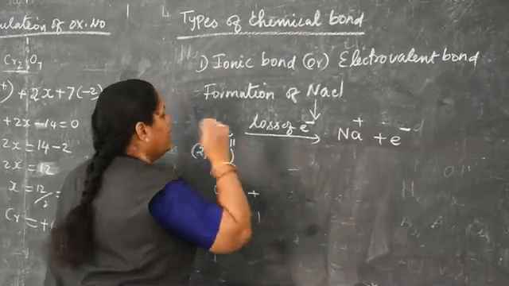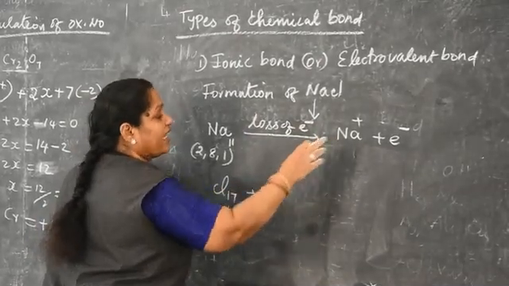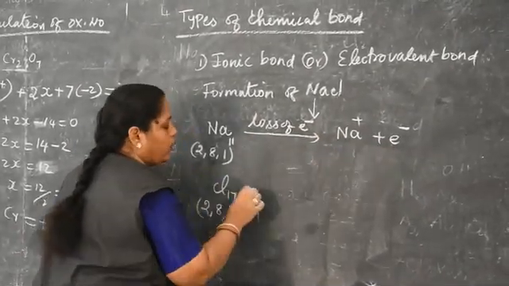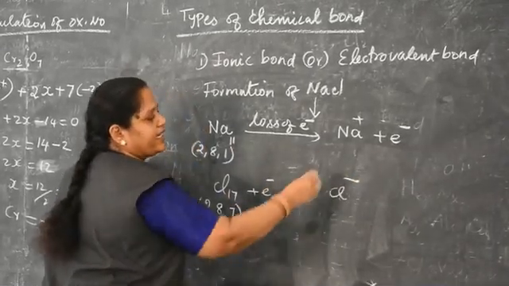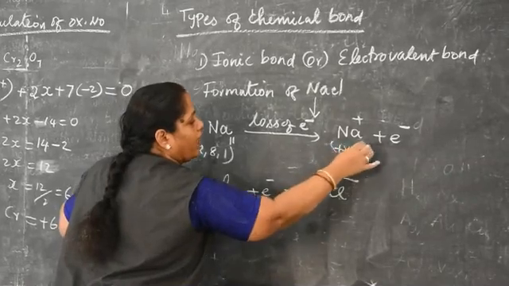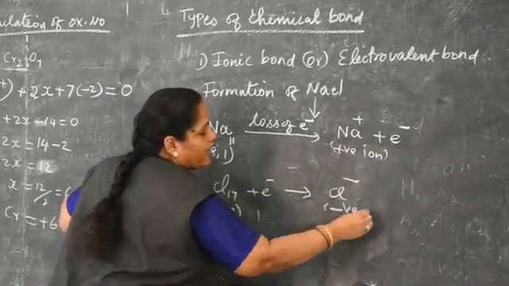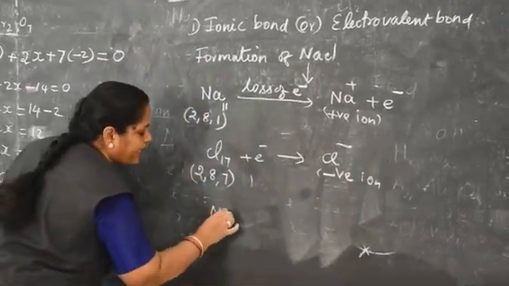The electron that the sodium atom loses can be accepted by the chlorine atom, and it becomes Cl minus. Na plus is a positive ion and Cl minus is a negative ion.